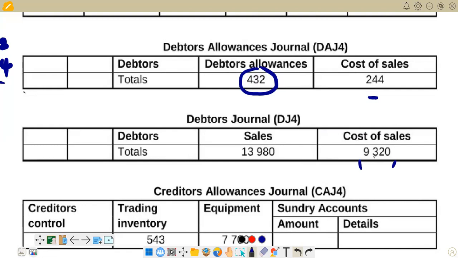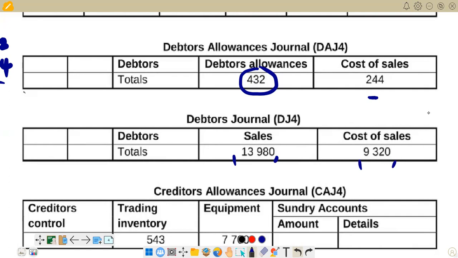But we are concerned only with the trading stock account, so we are going to the credit side of the trading stock account and enter this 9,320. Then this one for sales is going to affect the debtors control. We are going to go to the debit side and enter it as 13,980 there. So for the debtors control, maybe you can start with cost of sales.